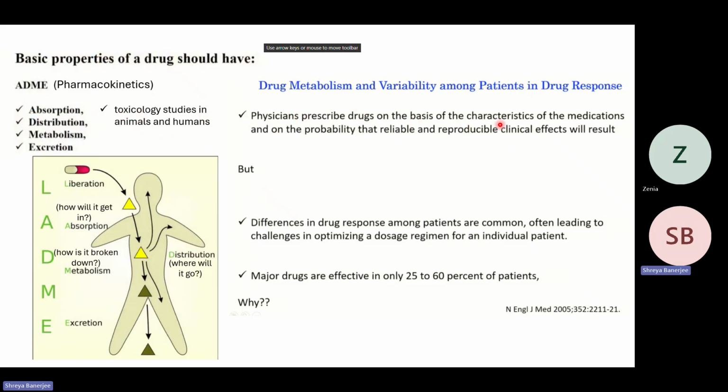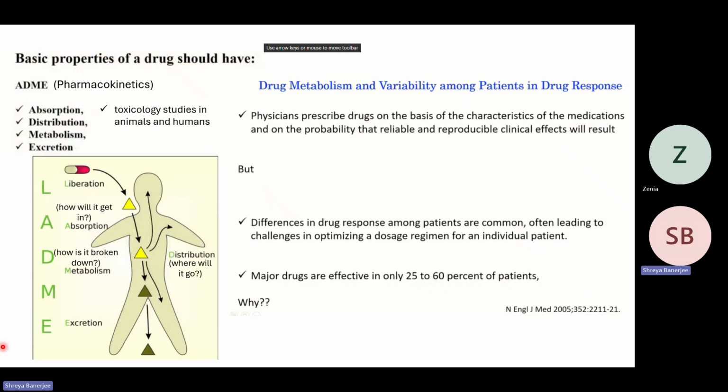Physicians prescribe drugs on the basis of the characteristics of the medications and on the probability that reliable and reproducible clinical results will happen. But the problem is there is a difference in drug response among patients. So this leads to challenges in optimizing a dosage regimen for an individual patient. Another problem is that the majority of drugs are effective only in 25 to 60% of patients.